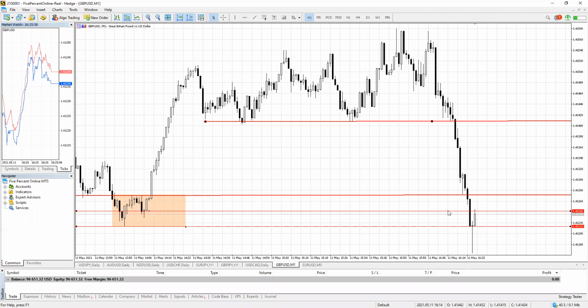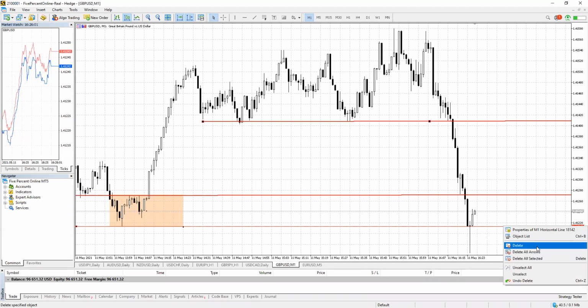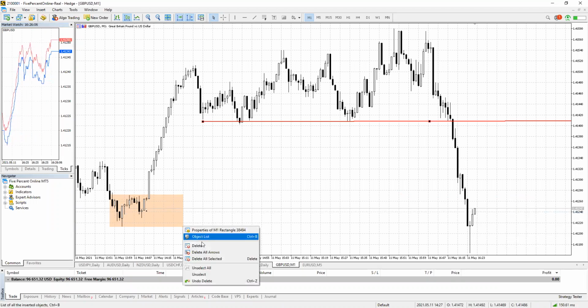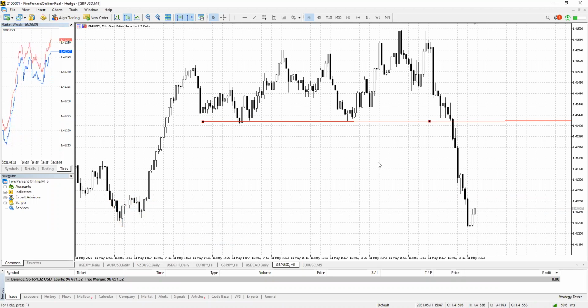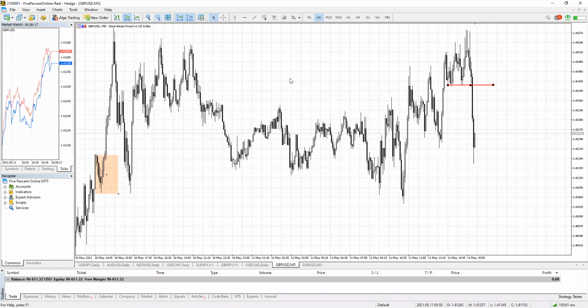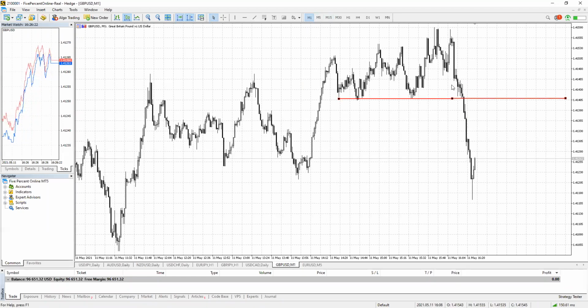Let me clean my charts. But I hope you can kind of feel, from the strength of this movement lower, the momentum in the market, how it has changed from bullish to bearish.